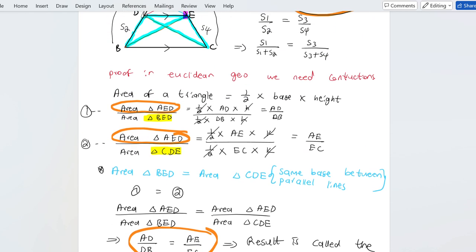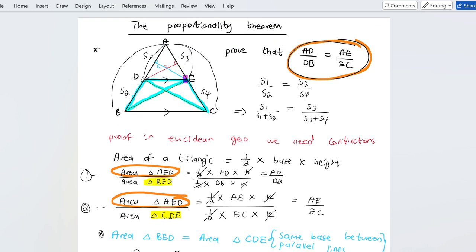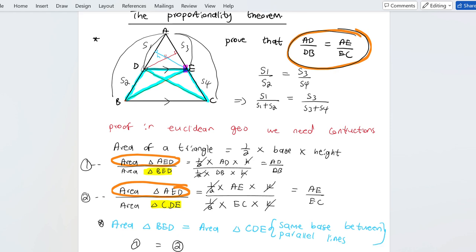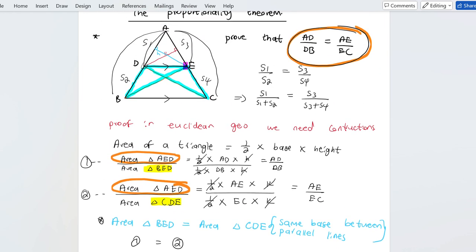So the first thing is to draw. If you didn't construct line K and H or join B, E, and D, C, you are not going to have all of this, because what are you going to calculate there? You won't have triangles. So just know that the first step is to do construction lines, and then the second step is to label your things accordingly, and then use this ratio here.